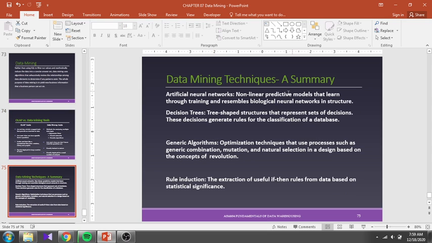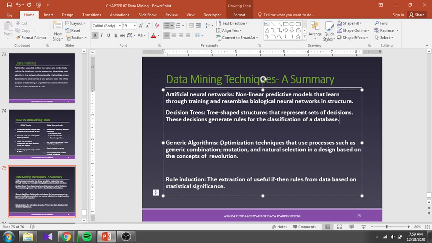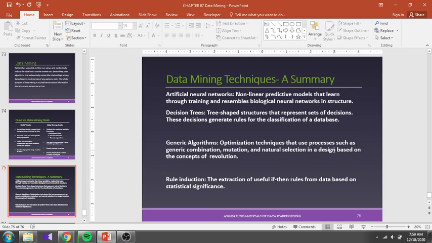Alright, for the conclusion, okay, artificial neural networks are nonlinear predictive models that learn through training and resemble biological neural networks in structure. Decision tree is a tree-shaped structure that represents a set of decisions. These decisions generate rules for the classification of a database. Genetic algorithms are optimization techniques that use processes such as genetic combination, mutation, and natural selection in a design based on the concept of evolution, and rule induction is the extraction of useful if-then rules from the database based on statistical significance.